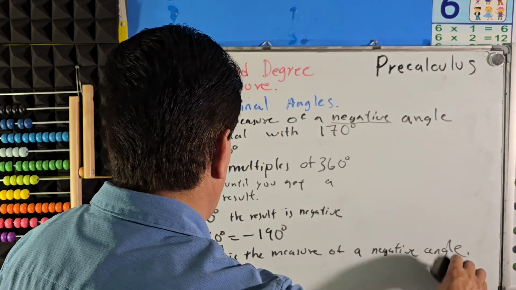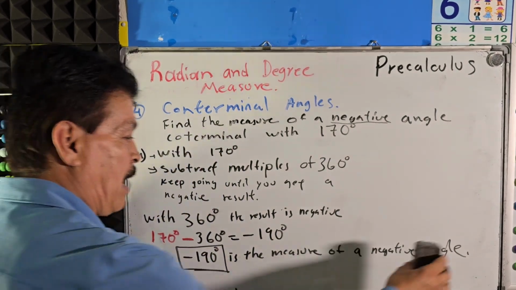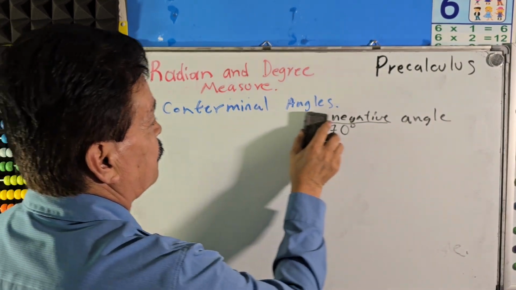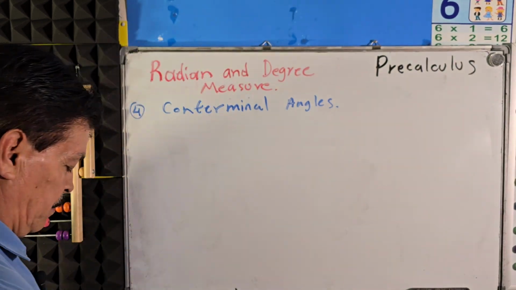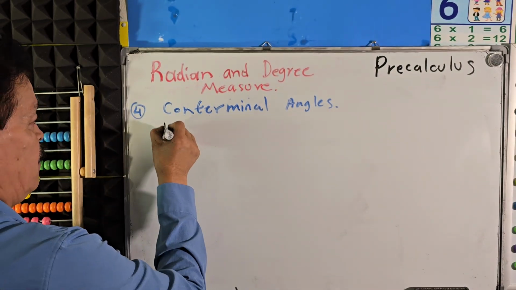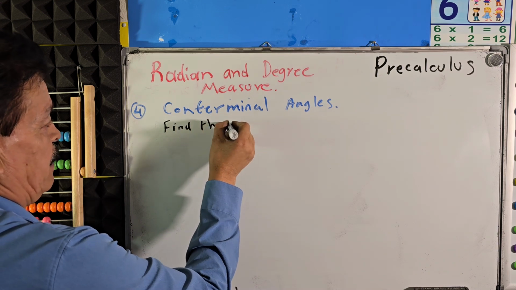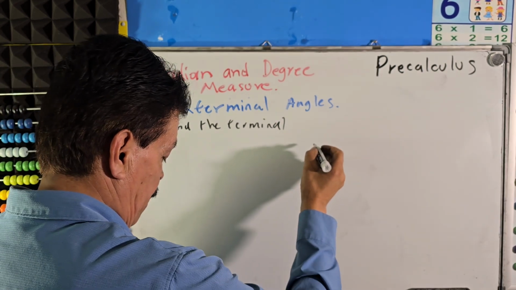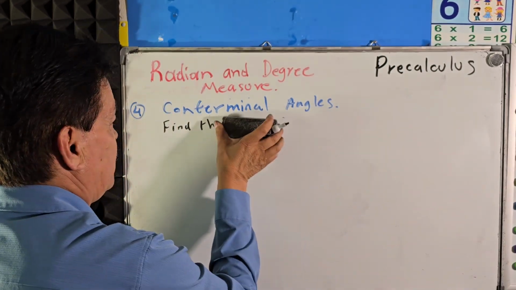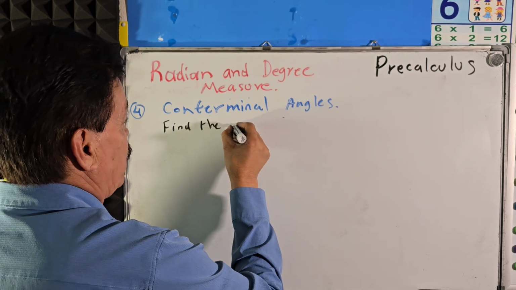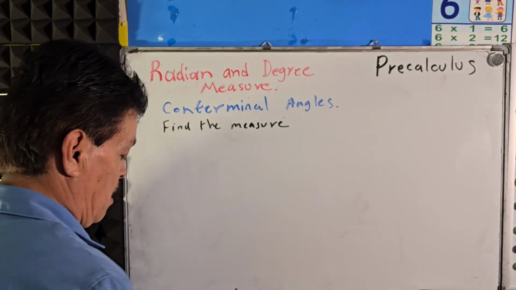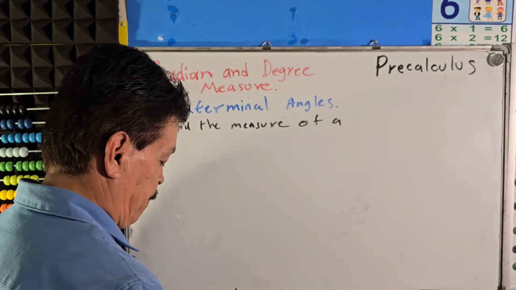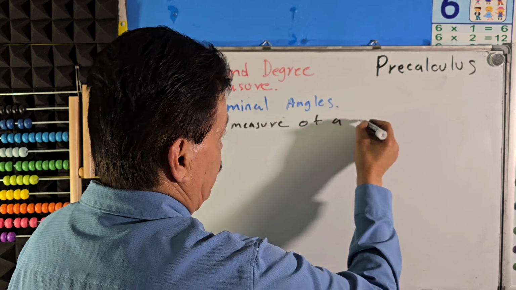Let's give you another example. Got it? Let's solve another one. A couple of problems for this section. Easy one. Find the measure of a negative coterminal angle.